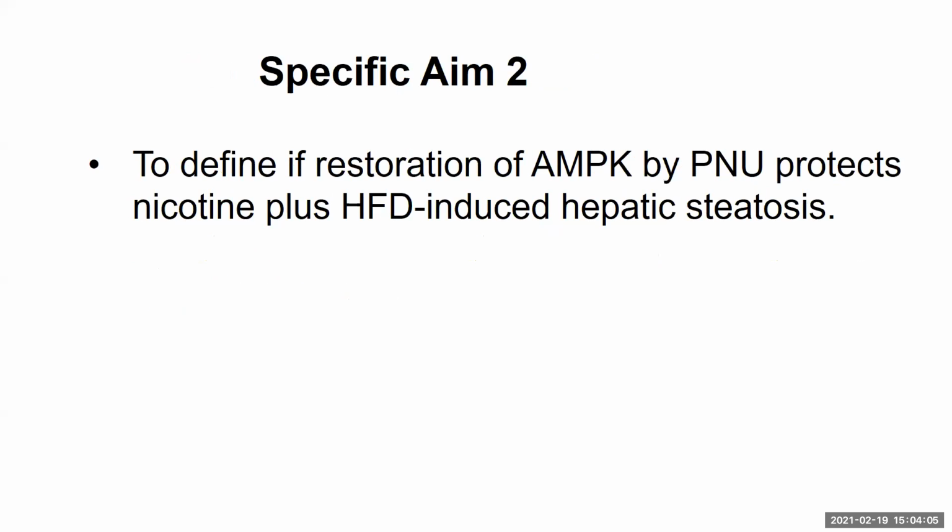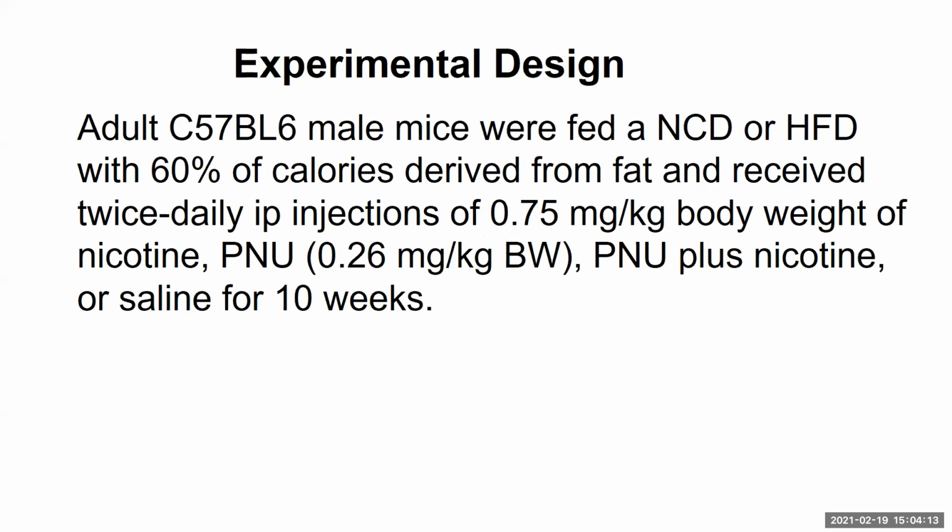That is our aim. This is again the design: male mice were fed NCD or high-fat diet with 60% of calories derived from fat and received twice daily IP injections of nicotine, PNU, and PNU plus nicotine.